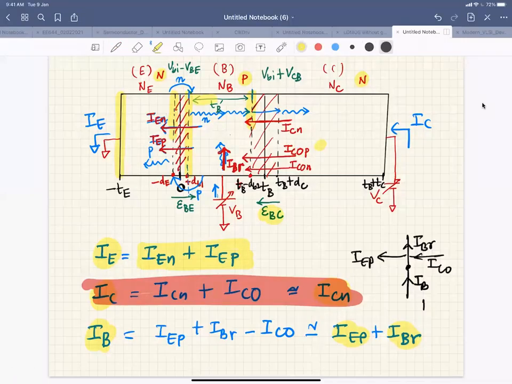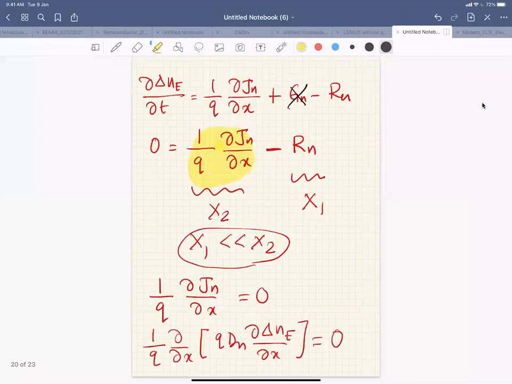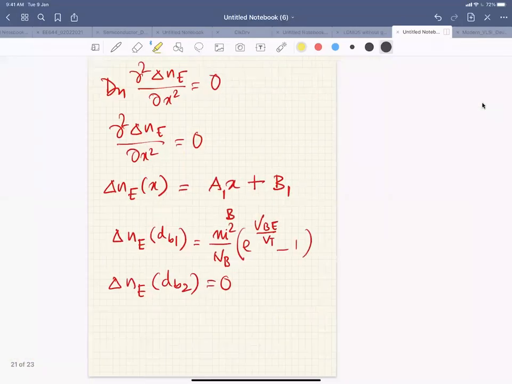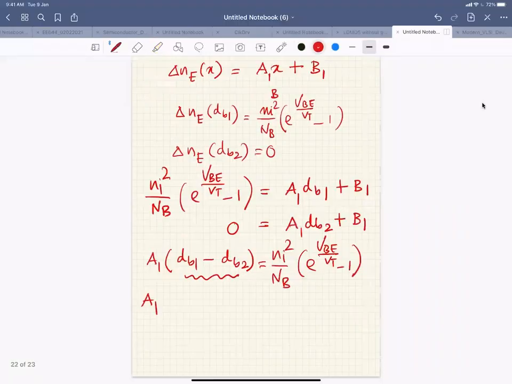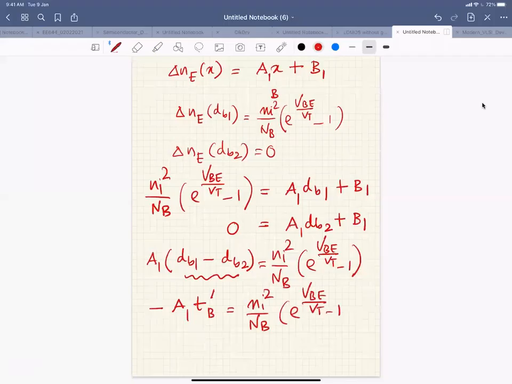That we have defined here, right? So I could put it as minus A1 TB dash equal to Ni square by Nb e to the power Vbe by Vt minus 1.